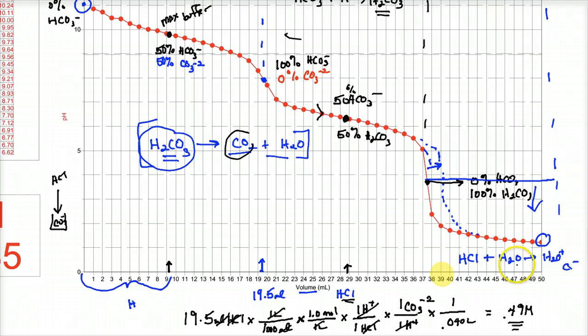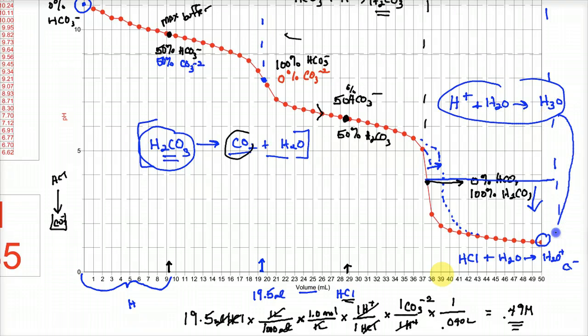Or you can just say H plus, the proton, plus water, making the hydronium ion as the net ionic equation. That's what's happening here.